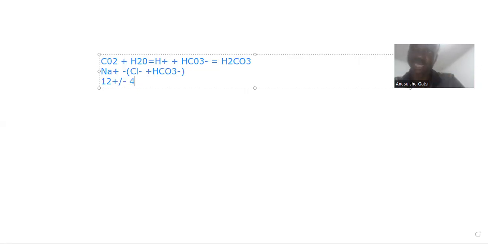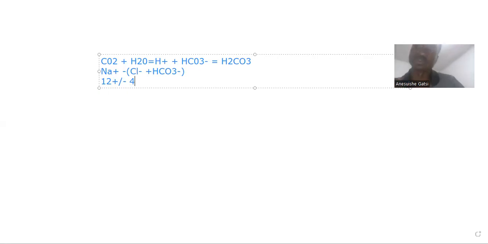So when it's metabolic acidosis, what happens to the bicarbonate? It goes down. And what does it do when it goes down? It's going to shift the reaction towards that side, increasing H plus ions, and you get the acidosis, right? Then the opposite, which is now metabolic alkalosis, you now have an increased concentration of hydrogen carbonate.